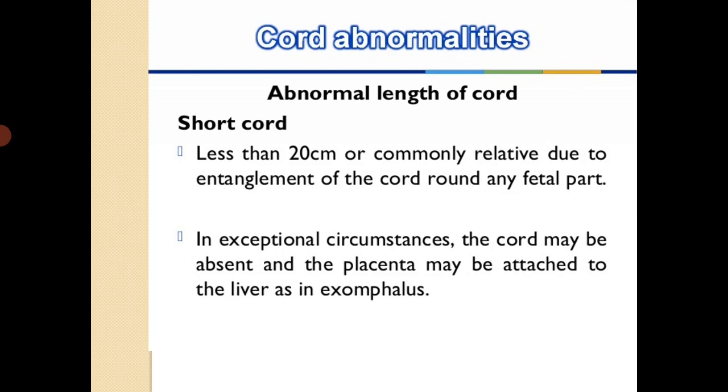Abnormal length of cord, in that, short cord: a cord less than 20 cm, or commonly relatively short due to entanglement of the cord around the fetal part. In exceptional circumstances, the cord may be absent and the placenta may be attached to the fetus, as in exomphalos.